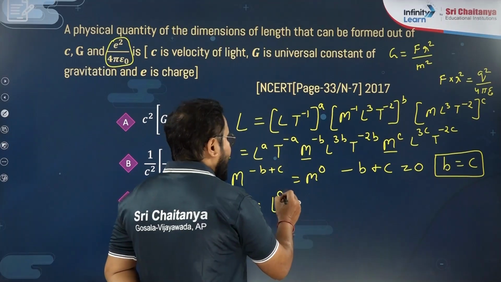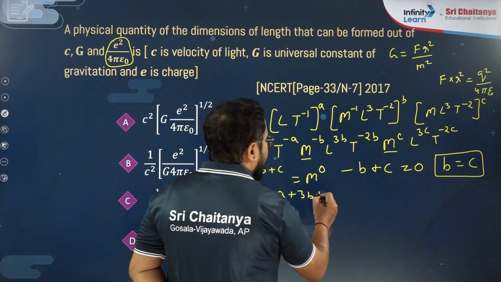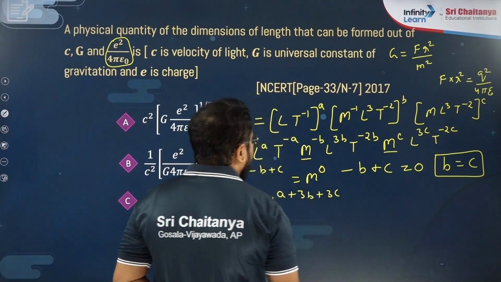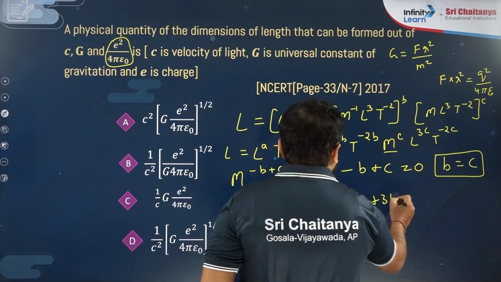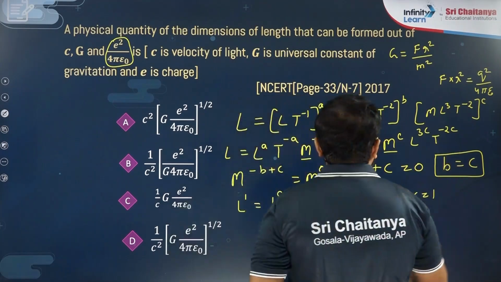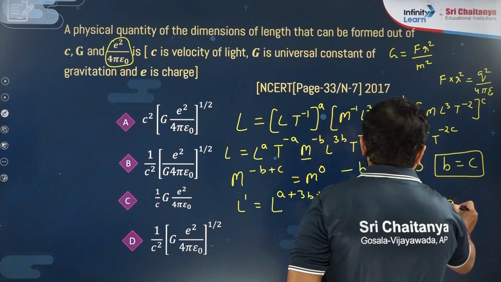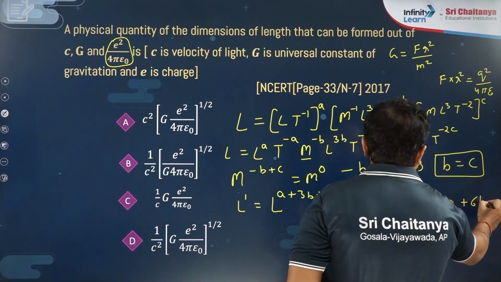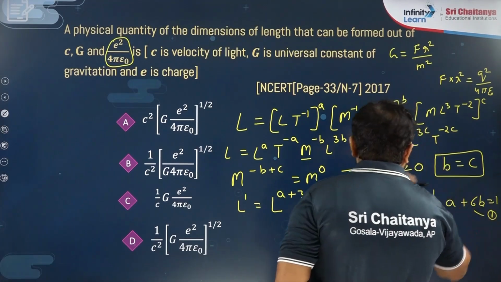L is A plus 3B plus 3C. Is this clear? So it will become A plus 3B plus 3C equals to 1. Substitute B equals to C, so it can be written as A plus 6B equals to 1. This will be the first equation.